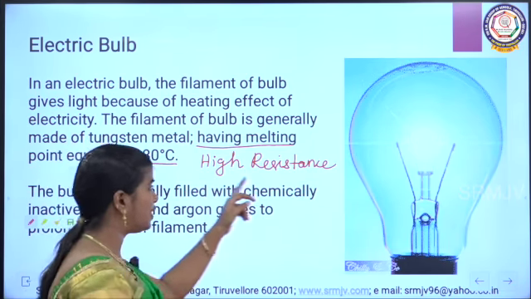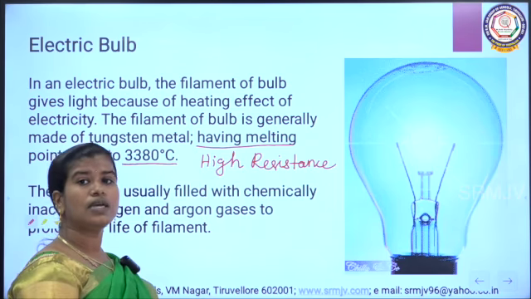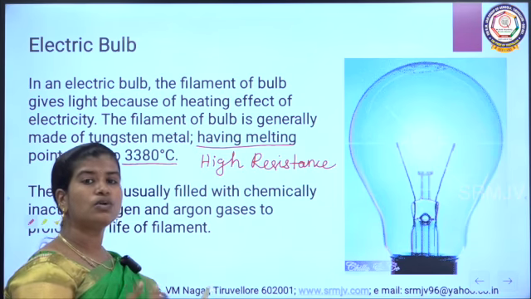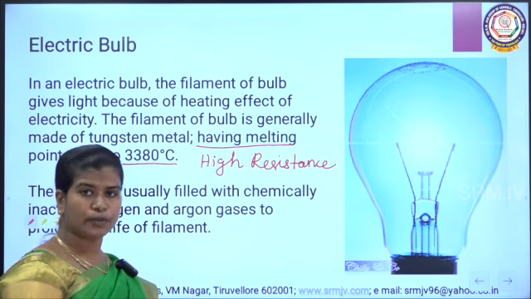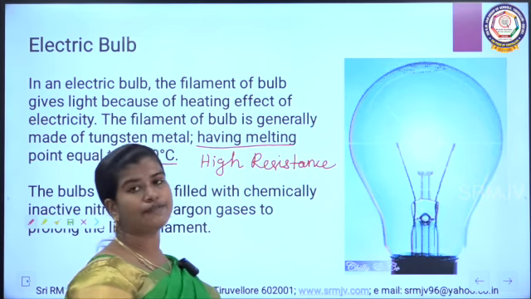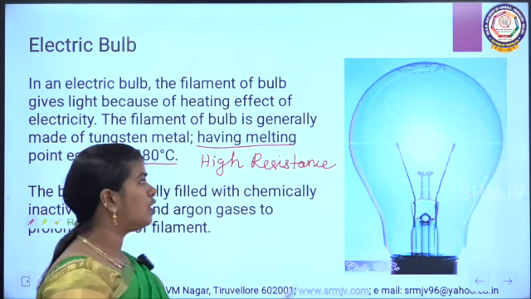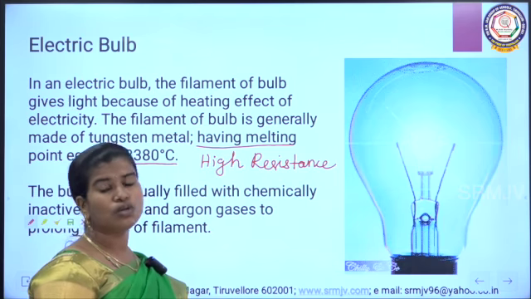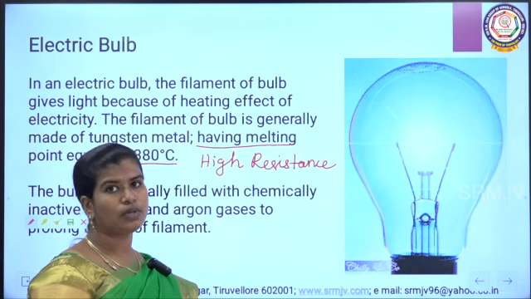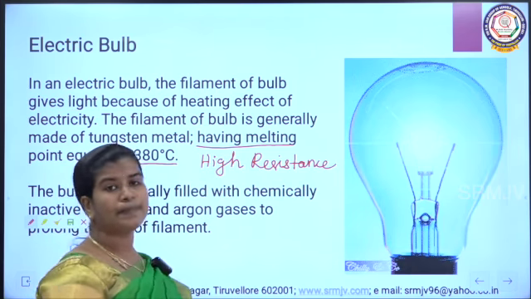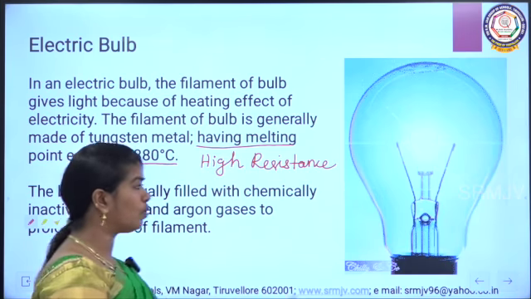So, what happens when it has high resistance, the charges will not move easily, so that heat will be produced over there, and as a result, it is giving the light. Okay. And when the light keeps on glowing, obviously the temperature will rise up, and what will happen to the glass over there? Okay.